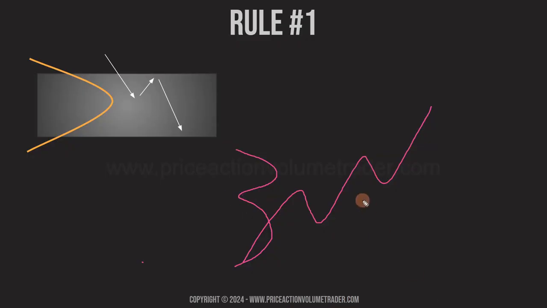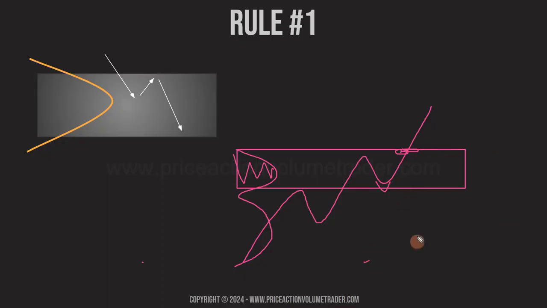And so when price accepts into an area of balance like we have over here, then we expect a rejection from one of the edges and a transition into the other side, especially if we're going with the trend.